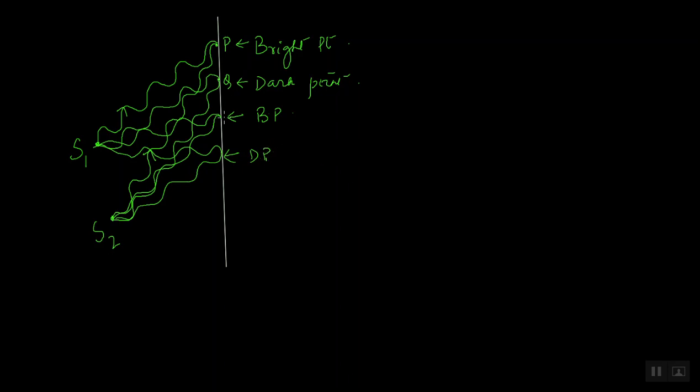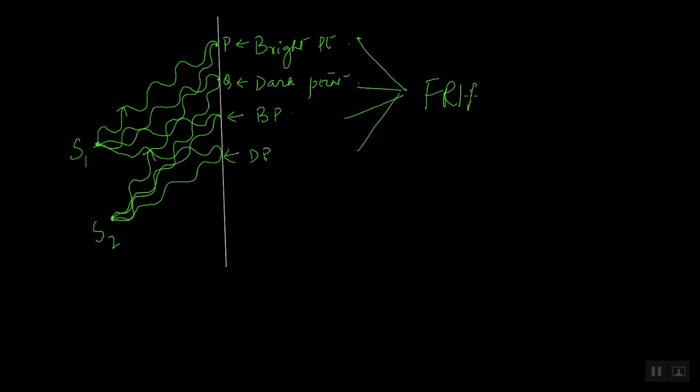So on the screen you are getting alternate bright and dark points. Yes or no? These bright and dark points are called fringes.